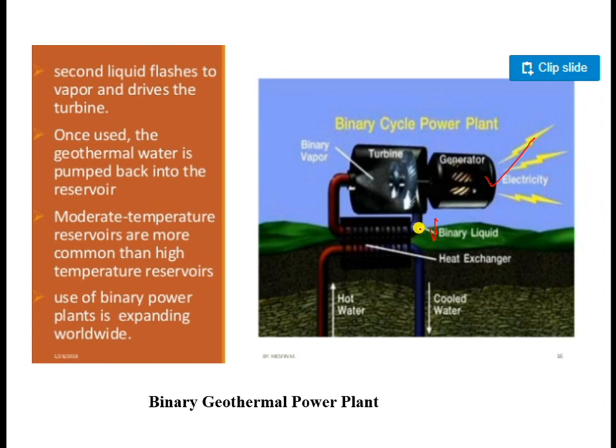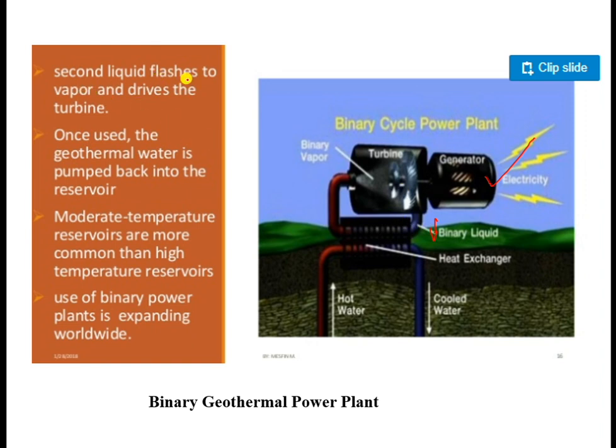But here, no exchange of liquid, that conversion of steam into condensate and its extraction, is shown here. It will be recirculated again when it comes into contact with the hot water or steam coming from the earth's crust, and the same cycle is repeated again and again.